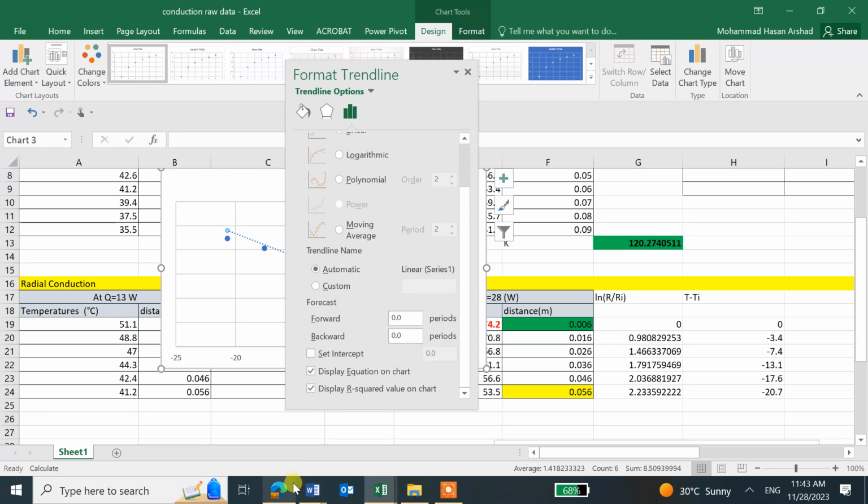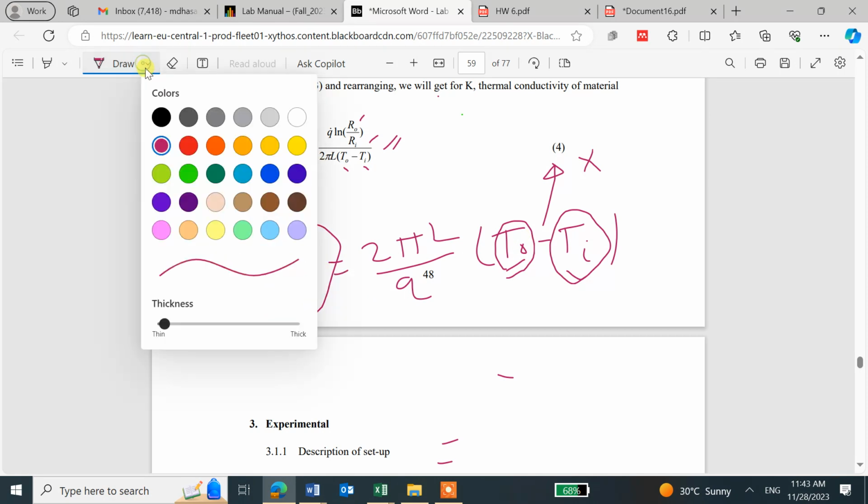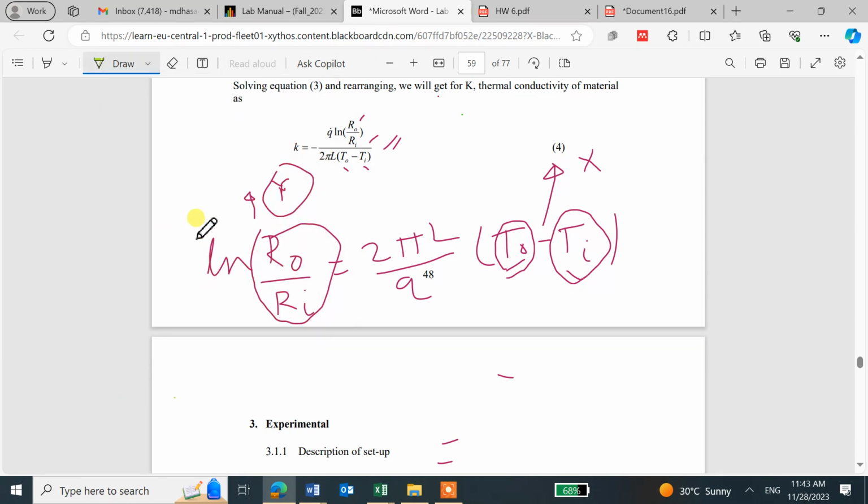Now one question: what if I plot this versus this? This is y, and this is x. We need to learn this. So what is my equation for the trend line? Y equals mx. Where is c? There is no c. The intercept is 0, isn't it?